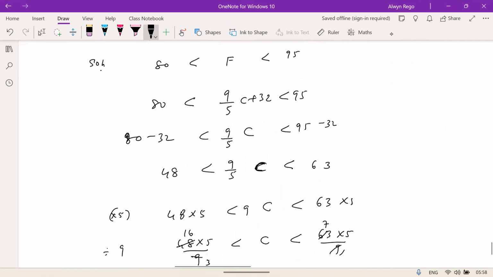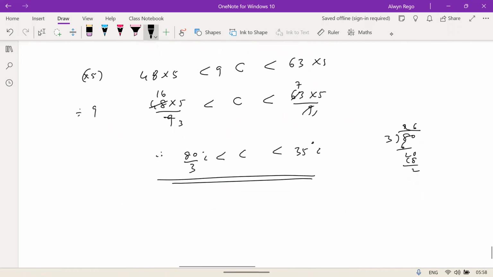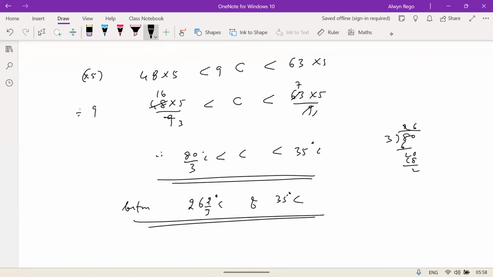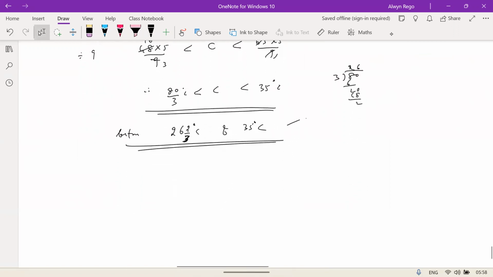Now in your lab, you'll replace that label by store between 80 by 3 and 35. 3 2s are 6 and 2 carry, so 26 2 by 3 degrees Celsius and 35 degrees Celsius, in order to avoid any danger that can be caused by excessive cooling or overheating. So this is the temperature between which you should store your liquid.